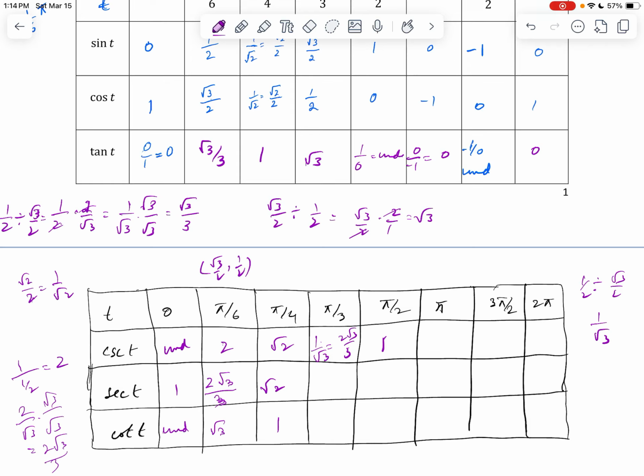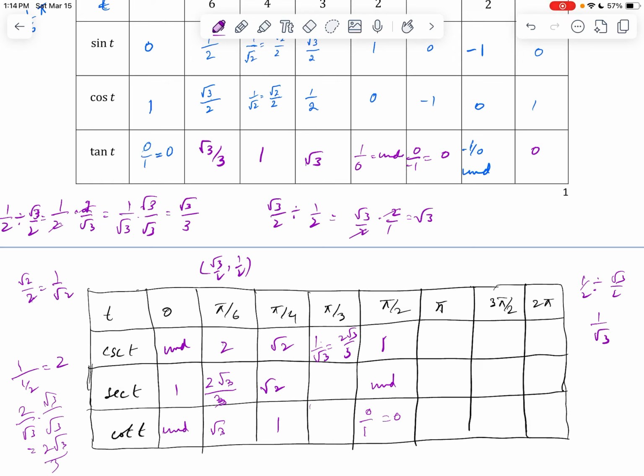Now, secant of pi over 2 will be 1 over 0, so it is undefined. Cotangent of pi over 2. Well, the cotangent will be x over y. Now, x is 0 and y is 1. So we get 0 over 1, which means 0.